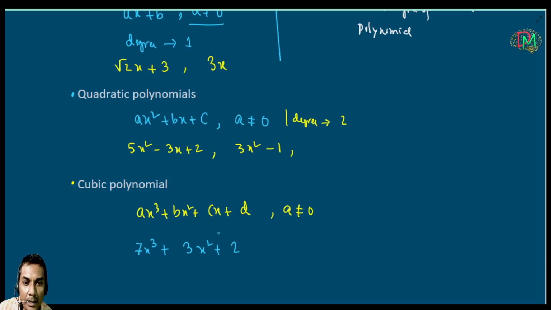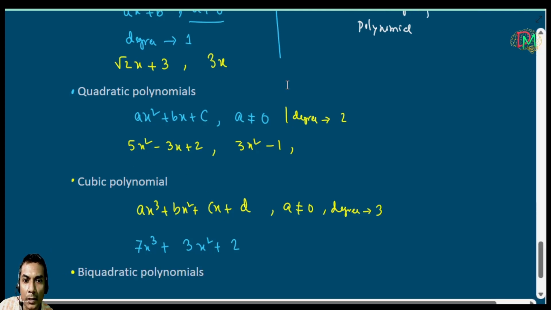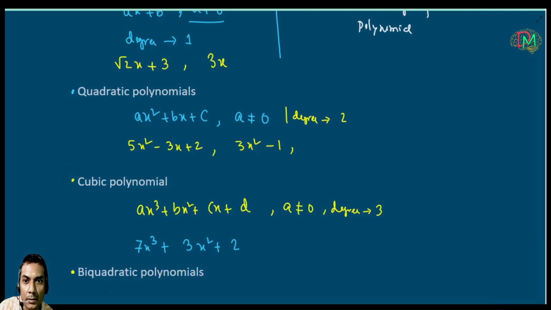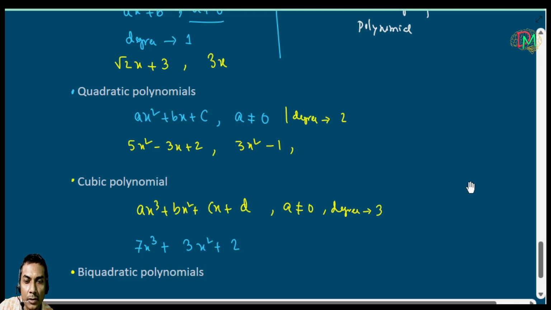The other terms are not so important, but the degree, that is 3, is important. The coefficient of the maximum power term should be a non-zero number. Here a is 7, so we can say this is a cubic polynomial. So for cubic polynomials, the degree is 3.